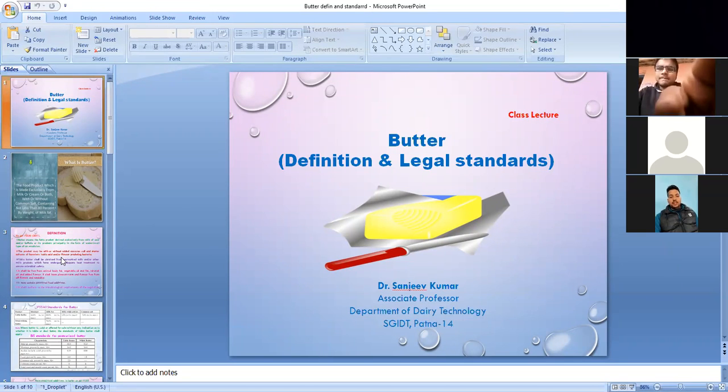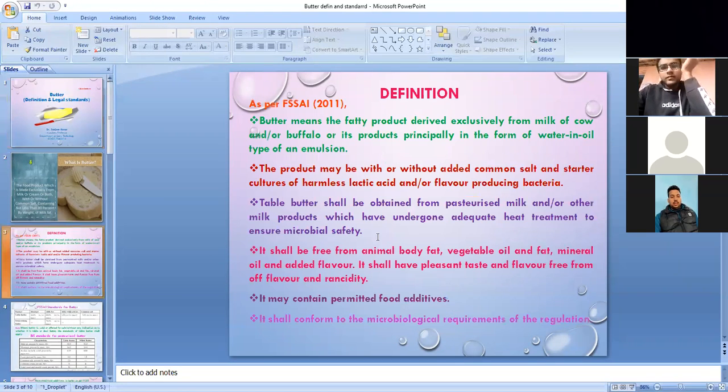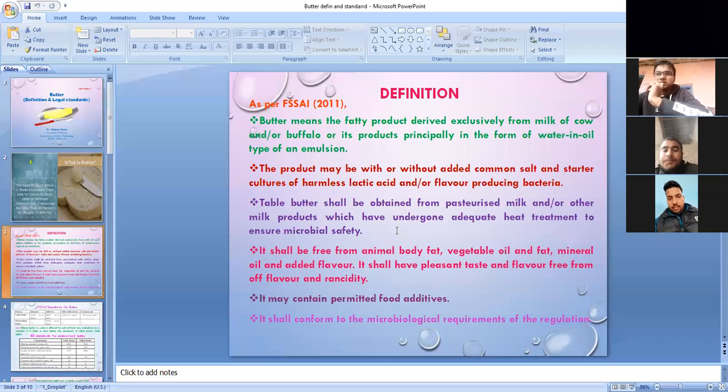So first of all, how is butter defined? One of the apex agencies, FSSAI, defines butter. Butter means the fatty product derived exclusively from cow or buffalo milk, or both, principally in the form of a water-in-oil type of emulsion.